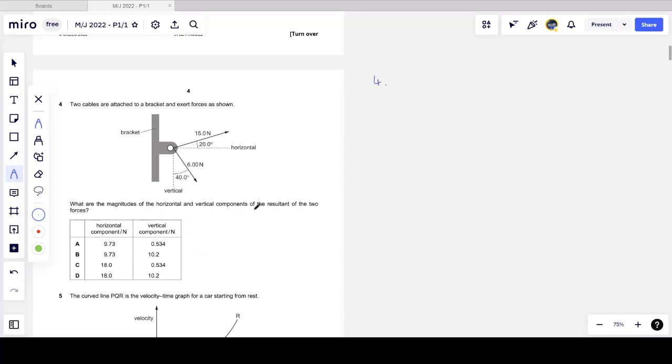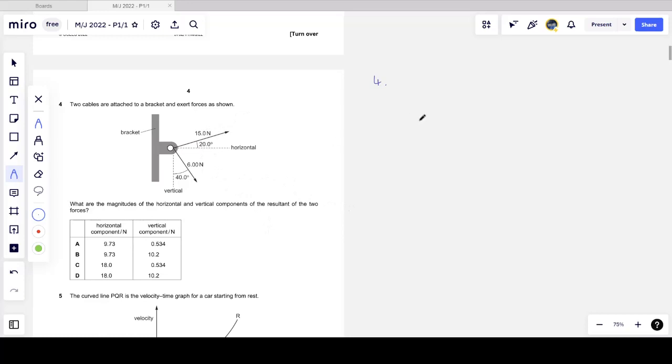Okay, so I need to do a little bit of vector analysis here. So I think the best thing for me to do is probably to draw a force diagram. And so what I'm first going to do is I need to find the horizontal component and the vertical component of the resultant of the 15 Newton force and the 6 Newton force.